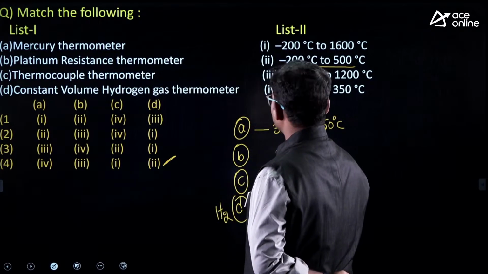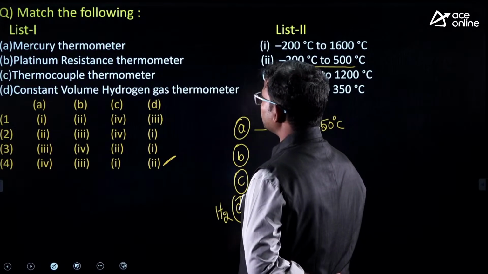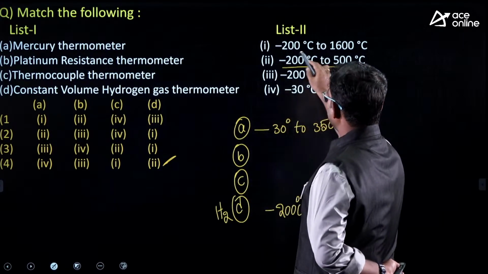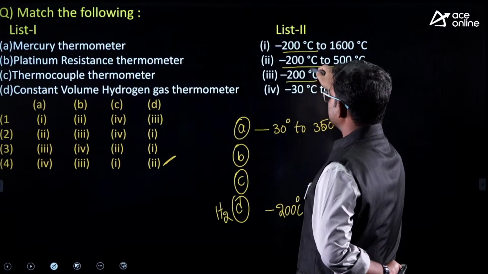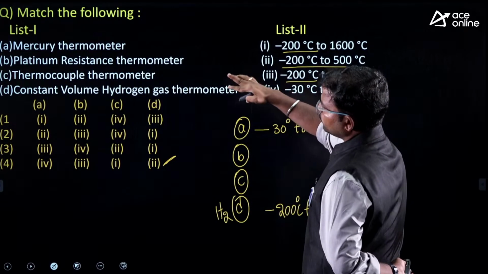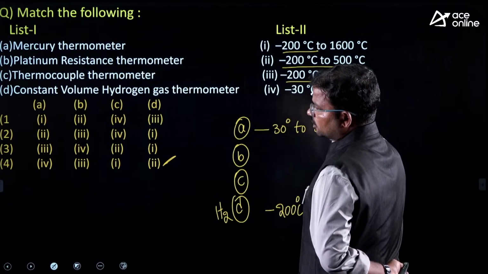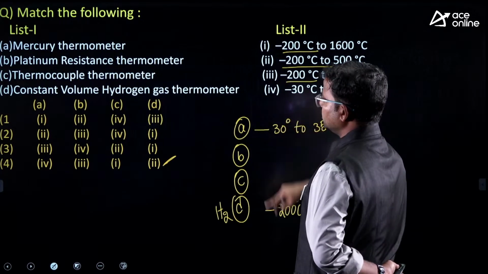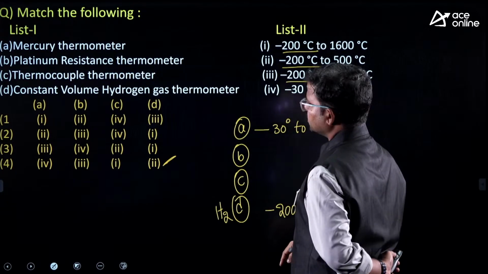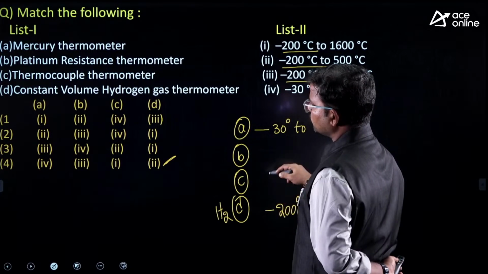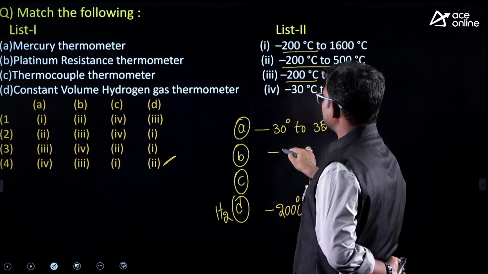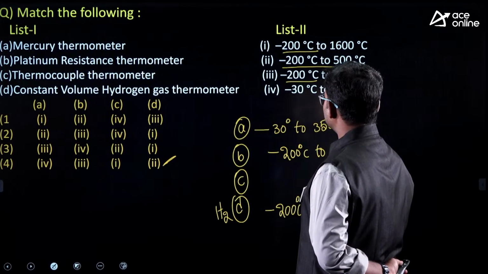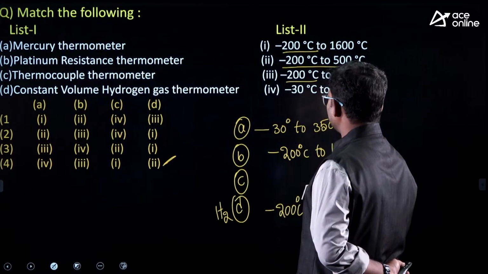Next, option 1 4, okay, right. Next, platinum thermometer. Here also they mention the same values. Compared with the platinum thermometer, the thermocouple thermometer range would be somewhat higher. So the platinum thermometer value would be minus 200 degrees centigrade to 1200 degrees centigrade.